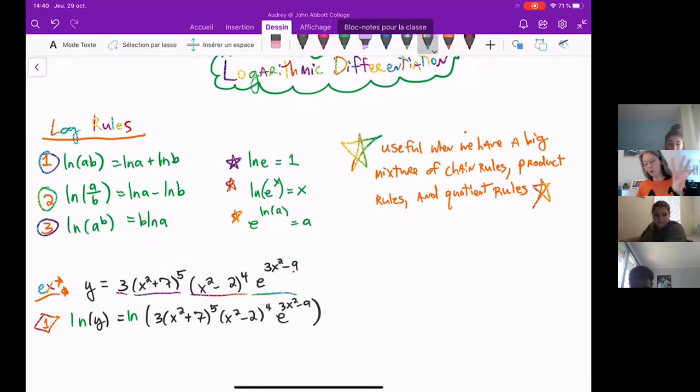And if you don't count the constant, it's still 3. And what's the max number of things we've ever multiplied together with the product rule before? 2. So this is the product of 4 things if we count the constant, and not just 2. So that right there is our clue that logarithmic differentiation is a good plan.